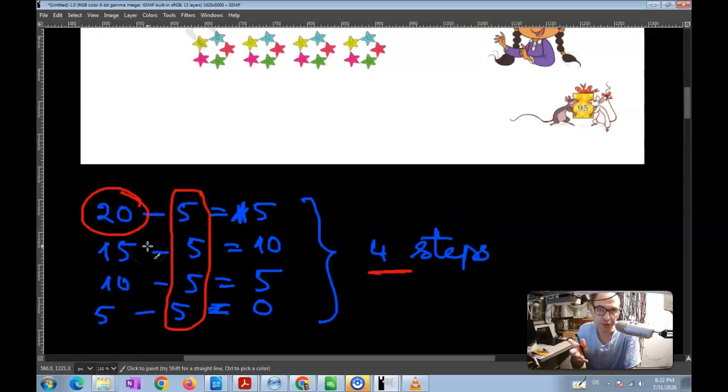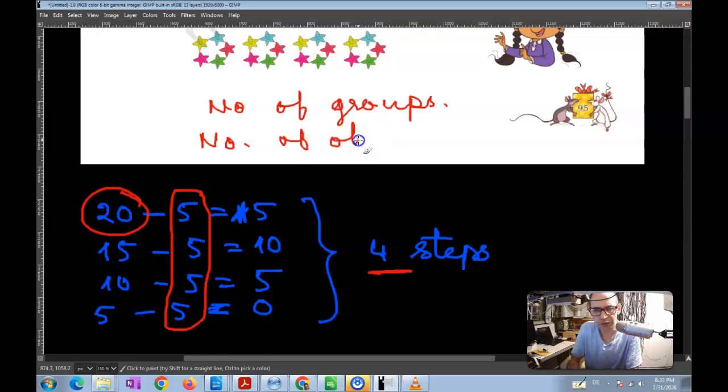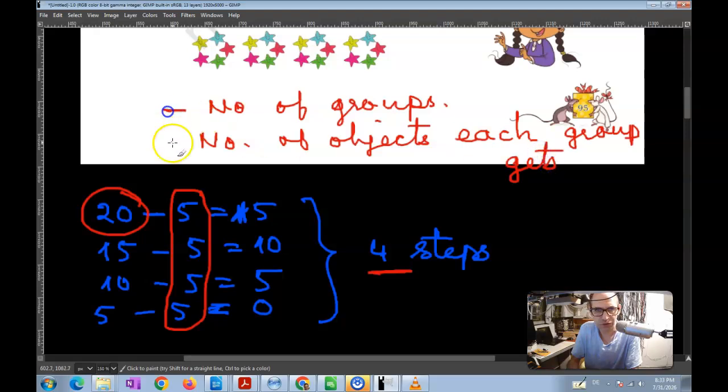Depending on the situation, you have 2 things here: the number of groups, and the number of objects each group gets, right?